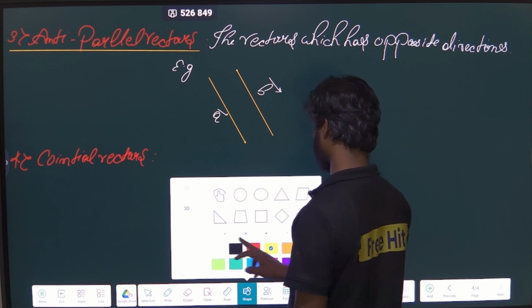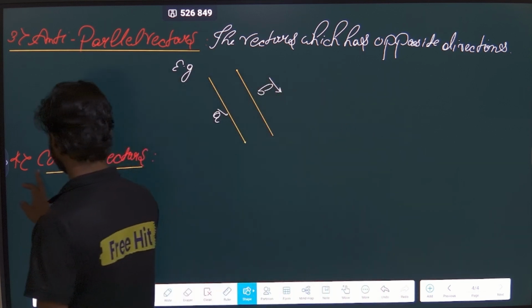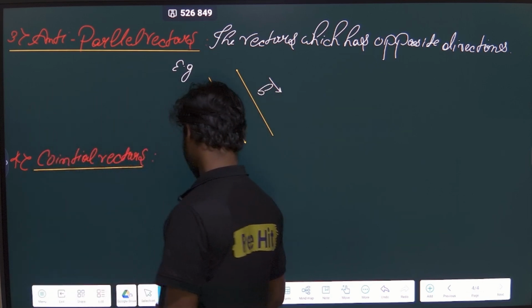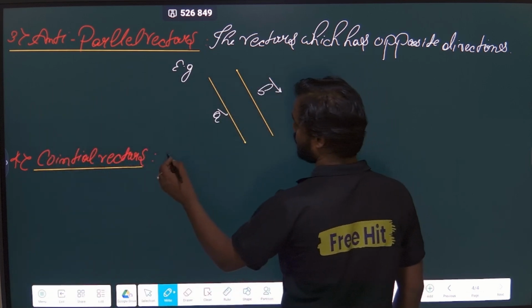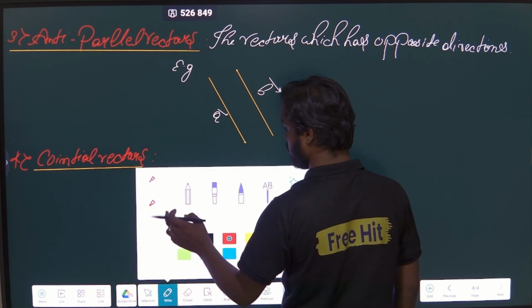What are co-initial vectors? Can anyone tell me what you mean by co-initial vectors?